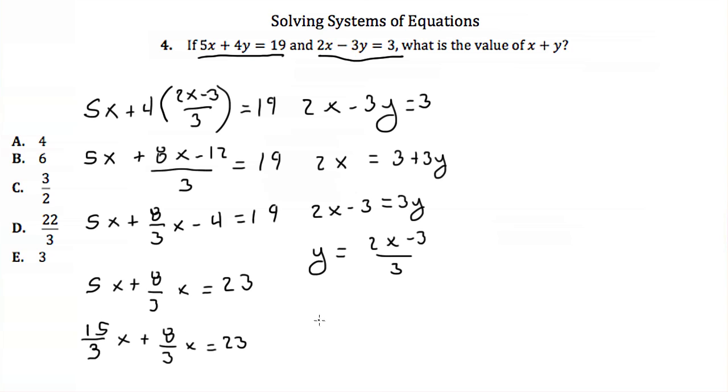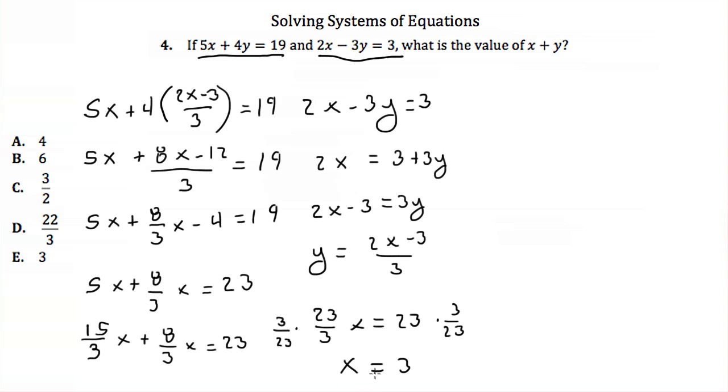This is the same as 23/3 x is equal to 23. Multiply both sides by the reciprocal of 23/3, which is 3 over 23, and you'll find that x is equal to 3. So I have my value of x, now I just need to find my value of y.